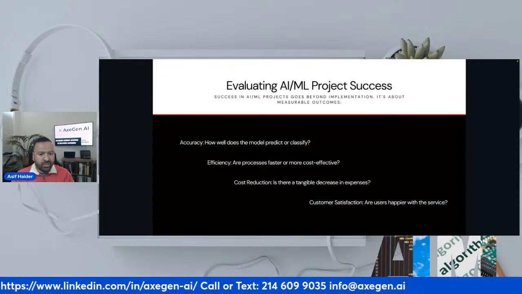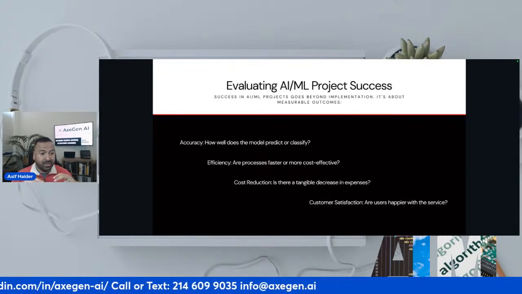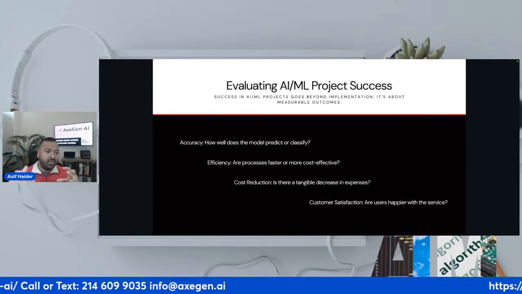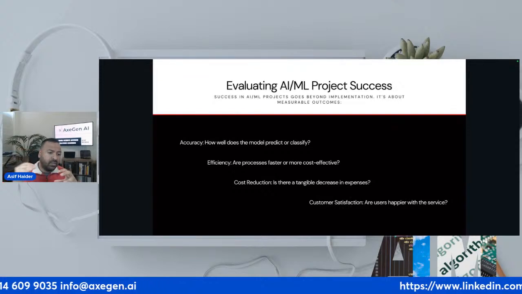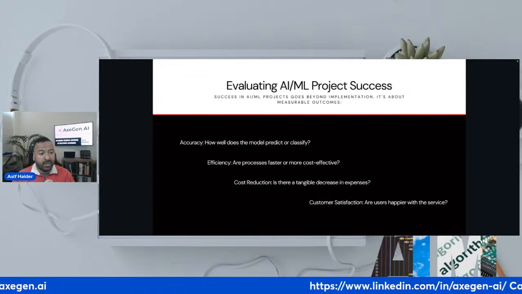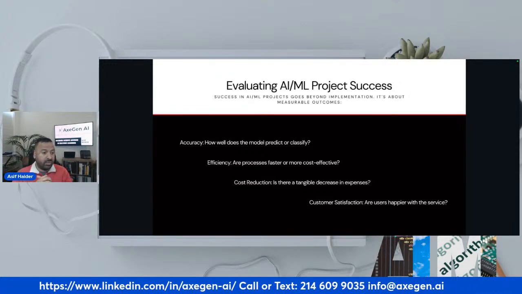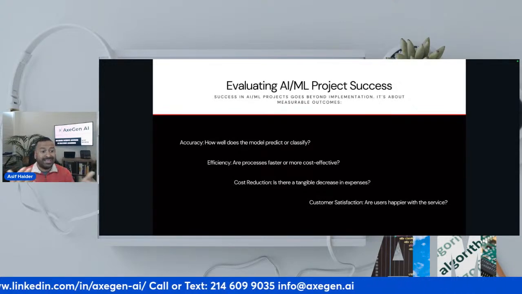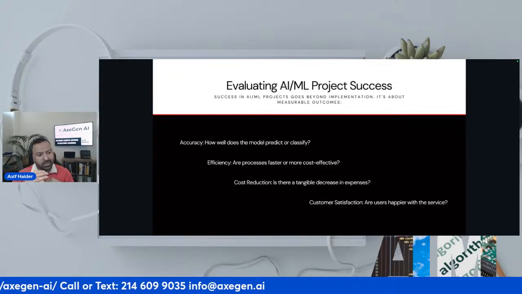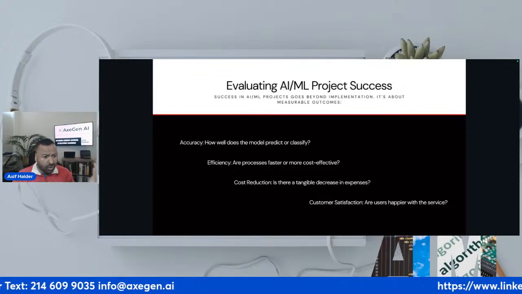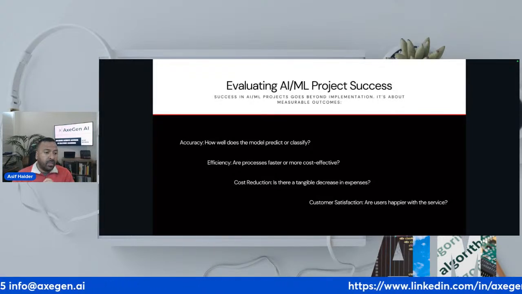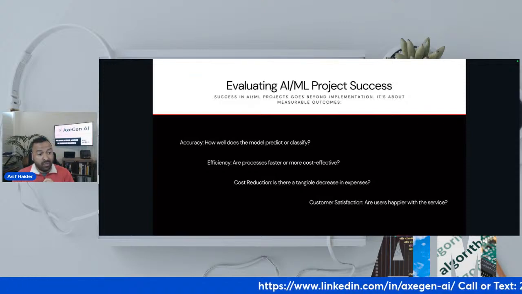So cost reduction: is there a tangible decrease in expenses? That's a good question to ask, because if it's a clear productivity gain and then improved bottom line, how do you capture that KPI? What are some of those questions that you have to ask once you start delivering, right? But you should be asking those questions ahead of time with some due diligence built into it. So you really have to audit the design that you're putting out in order for it to be developed, right?